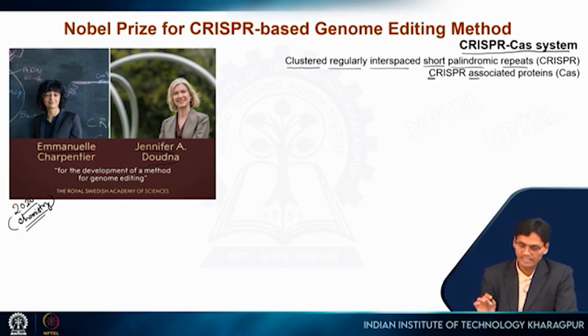The idea again comes from a natural observation. During the last class, I mentioned restriction enzymes, which were isolated and purified from bacterial systems. Bacteria use restriction enzymes as a defense mechanism to degrade and destroy phage virus DNA, or bacteriophage DNA.